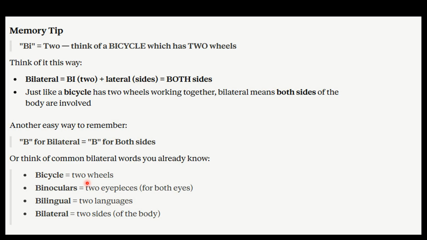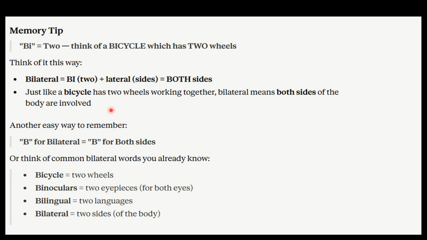So for that, I created this memory tip where you can simply see that bi equals 2, right? So just think of a bicycle which has two wheels. So bilateral means bi plus lateral. Bi means 2, lateral means sides. So just imagine it as a bicycle because it has two wheels, right, working together.